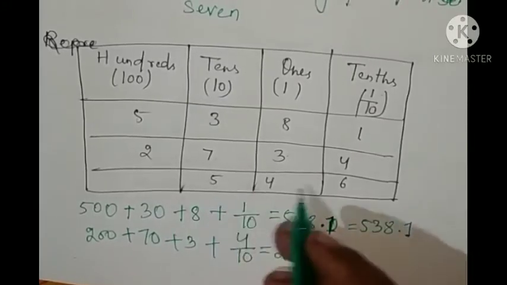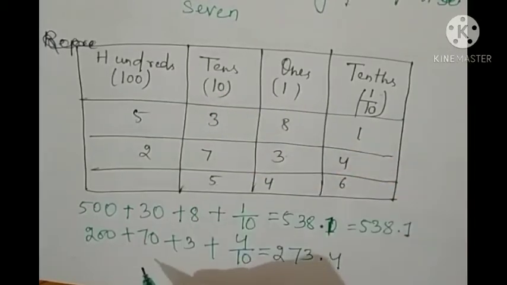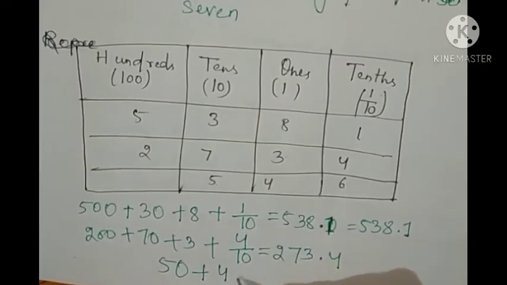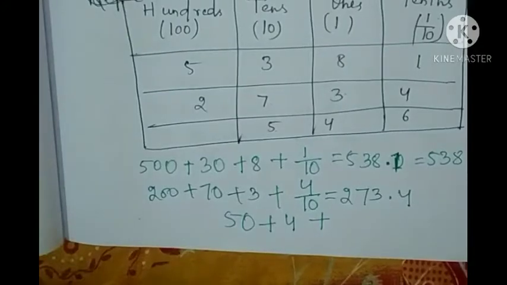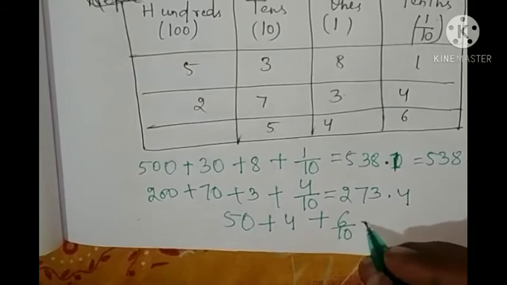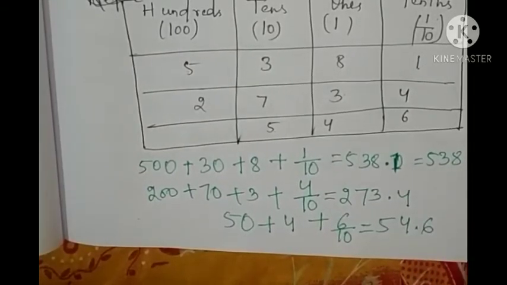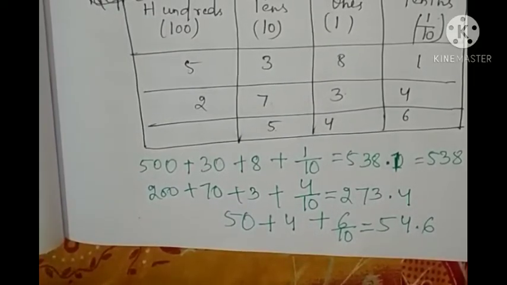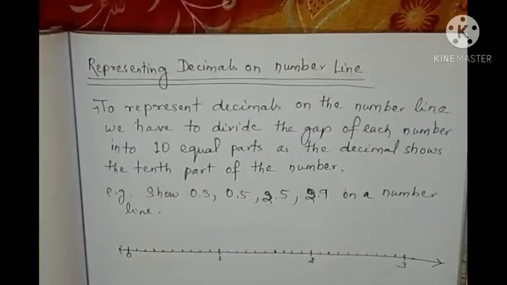Next you see, 5 is in the tens place, so 50 plus 4 plus 6 by 10, which we can write as 54.6. So by seeing this box, we can write the decimal number by using the place value.